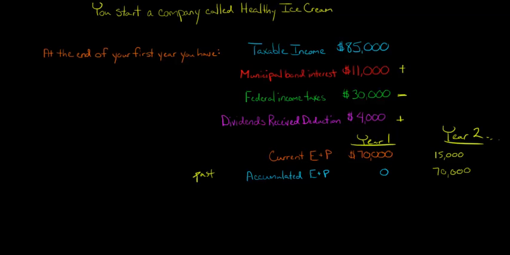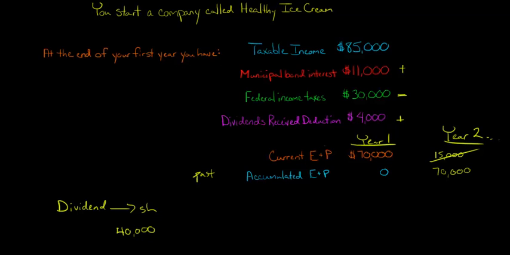And the answer is because when we have a dividend distribution, let's say a dividend distribution to shareholders of, let's just say $40,000 or something like that, we're first going to look to current E&P, right? We're going to say, okay, what's the current E&P situation? And the dividends, so this is 40,000, would first come out, the 15 would go to 0.